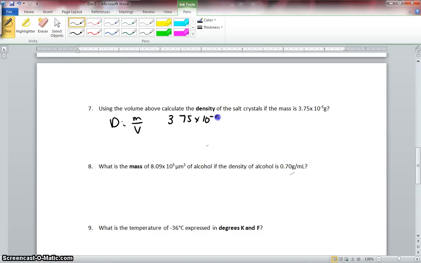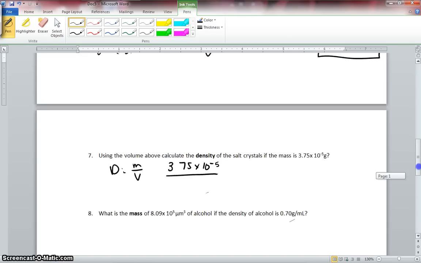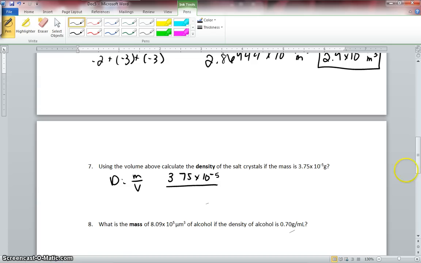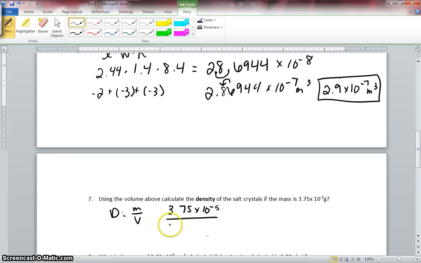So times 10 to the negative fifth, and then our volume from above, sorry, is going to be 2.9 times 10 to the negative seventh.